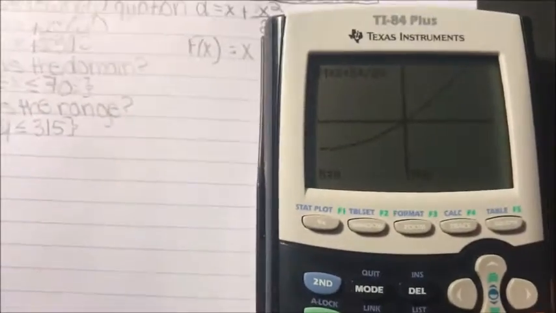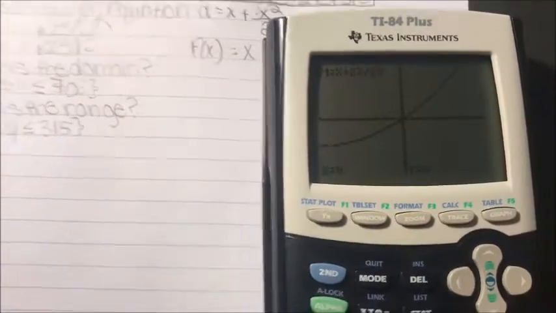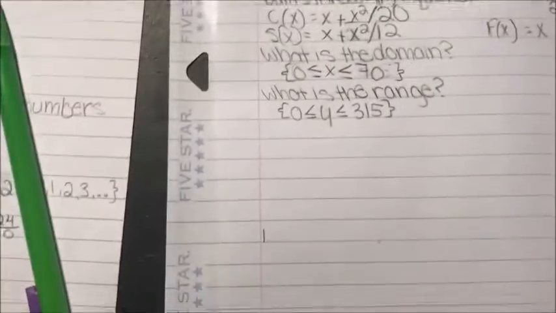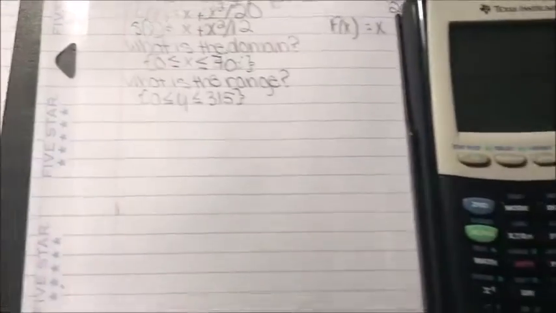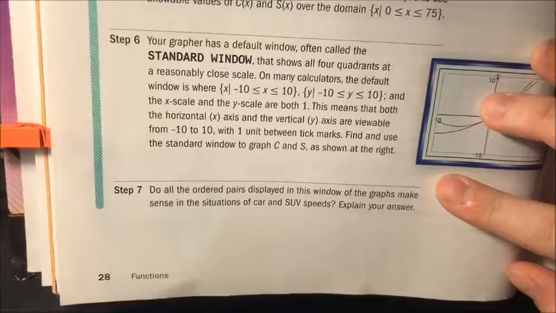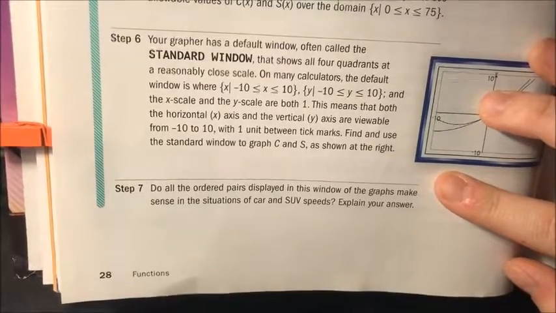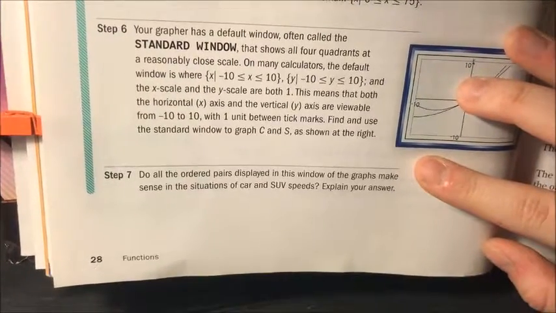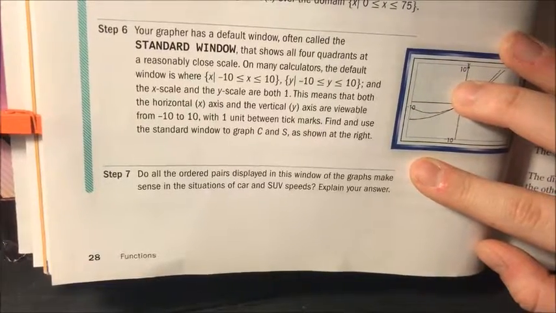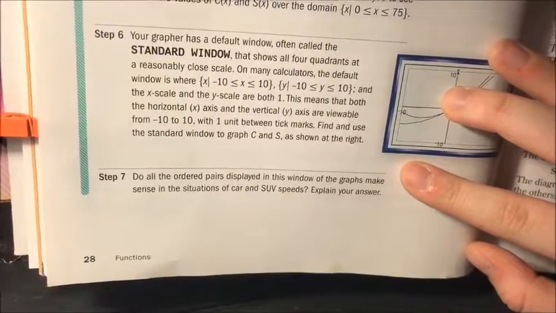I'm in zoom standard, and that means that your domain is -10 up to 10, and your range is -10 with a max of 10.